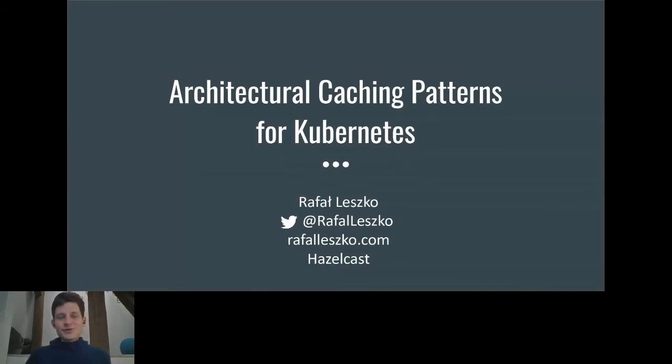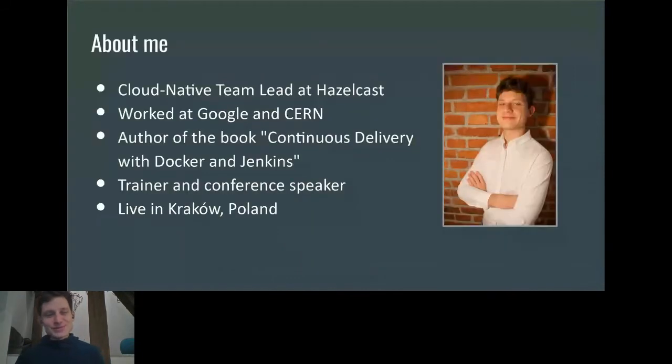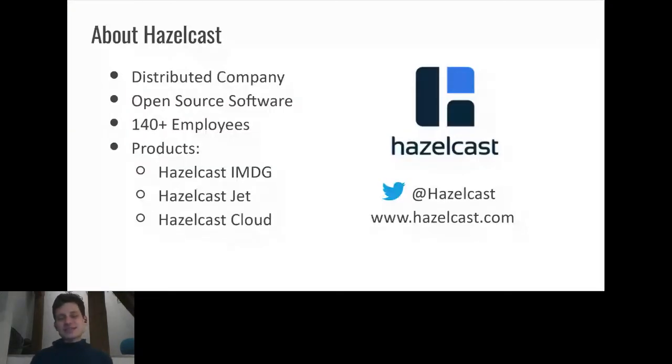I normally tell a few words about myself, but you already introduced me, so it's exactly what you said. A few words about Hazelcast, where I work. Hazelcast is a distributed company. We are an open source company, so we produce open source software. We have three products, the first being Hazelcast IMDG, which stands for In-Memory Data Grid.